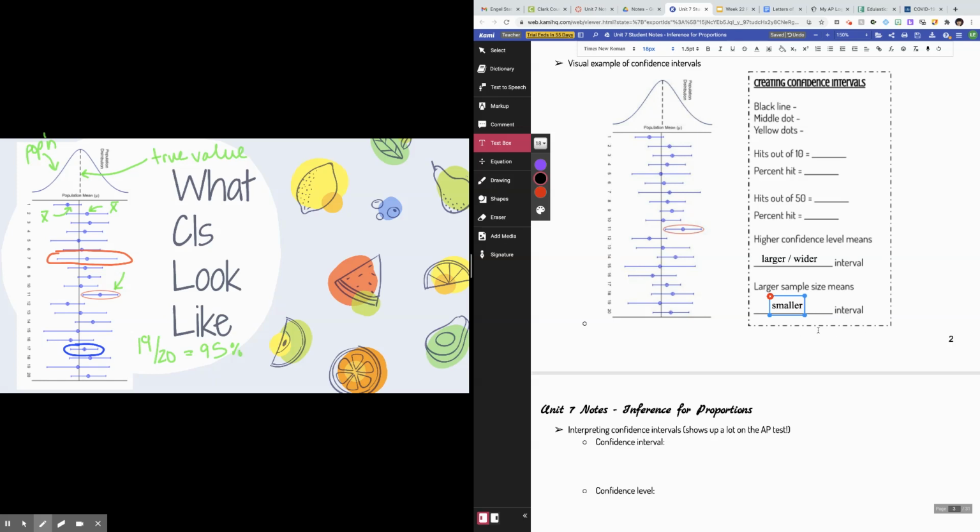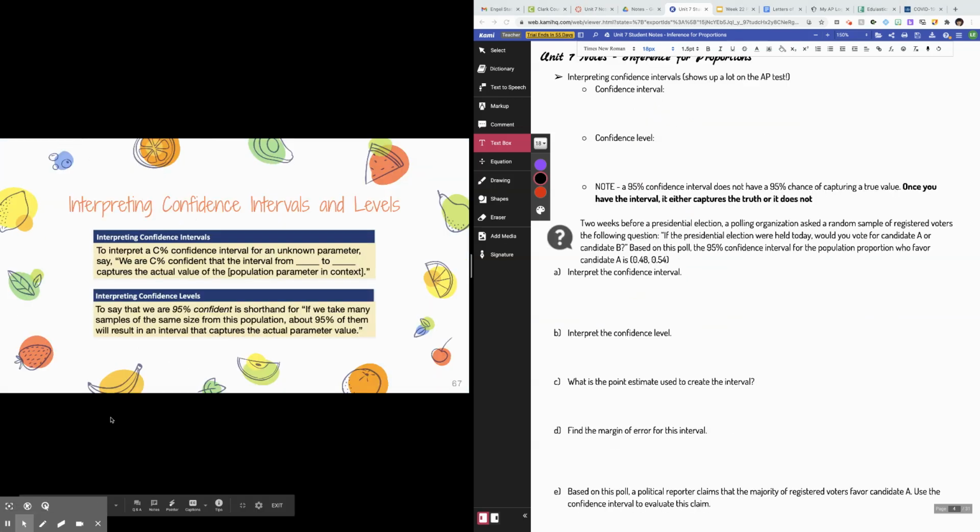Okay. All right, so give me just a second to clear my screen off, and then we're going to talk about your word formulas and interpreting your confidence intervals and your confidence levels. All right, y'all. So if you think back to when we did linear regression, and I gave you a bunch of word formulas that I told you to memorize when you were asked to interpret something, like interpret the slope in the context of this problem, or interpret the correlation in the context of this problem.